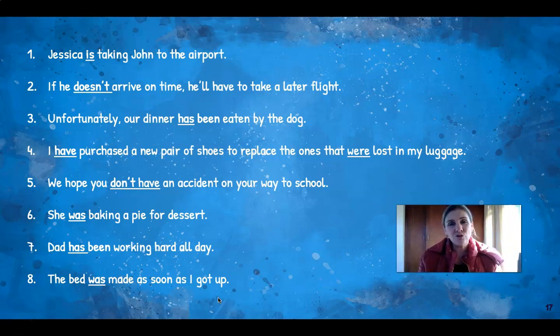So make sure that when you are writing, be very aware of the things we've discussed today, especially your subject-verb agreement. So take a look here. I can't say the bed is made as soon as I got up. It should be the bed is made as soon as I get up. Get and is present tense. But was and got is past tense. So they've got to work together. The bed was made as soon as I got up.